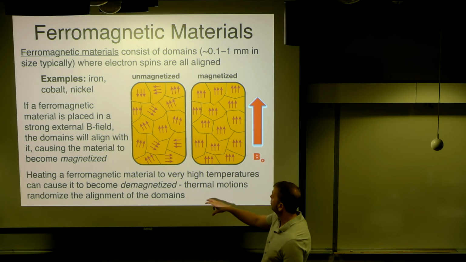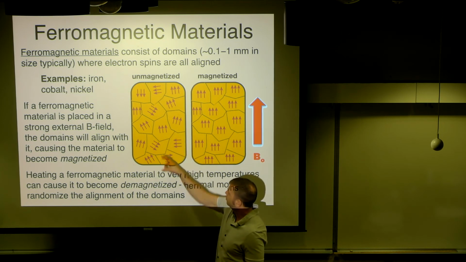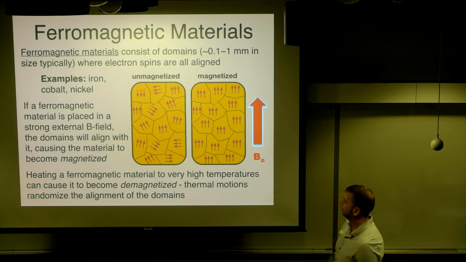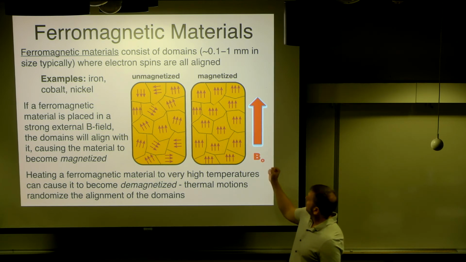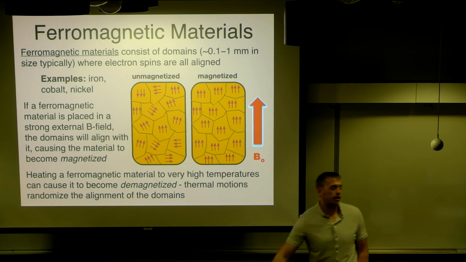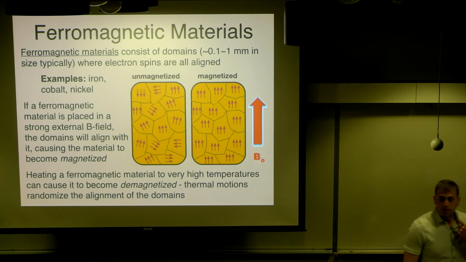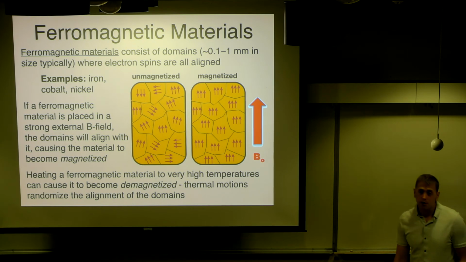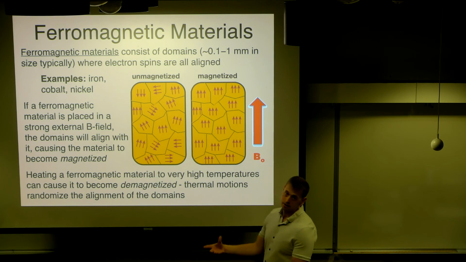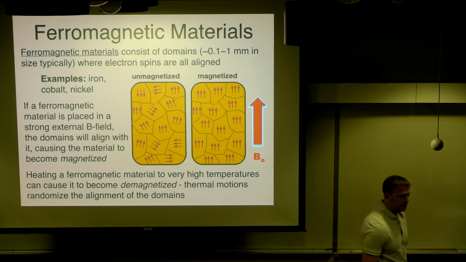It can scramble everything so that everything is pointing in random directions like before. So we can magnetize something by exposing it to a strong B field. We can demagnetize something by heating it up. And by the way, ferromagnetic materials, one classic example of that is iron. Iron is what ferromagnetic is actually named after.